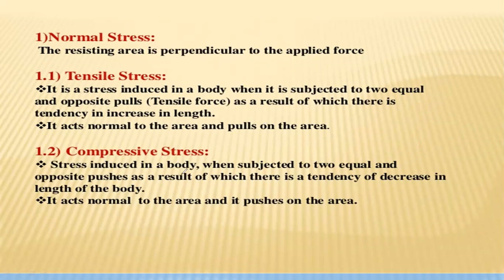It is the stress induced in your body when subjected to two equal and opposite pushes, as a result of which there is a tendency of decrease in length of the body. So in tensile stress, the length of the body is increased, and in compressive stress, the length of the body is decreased.